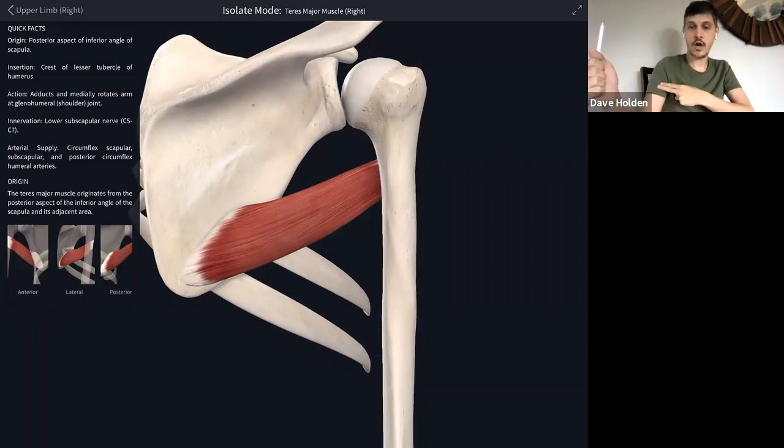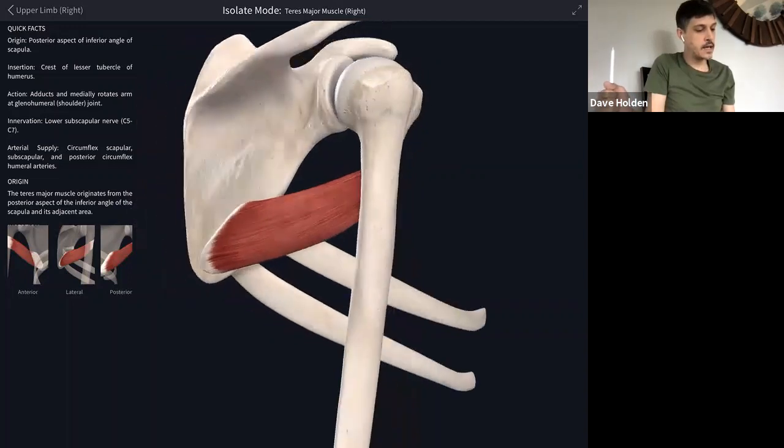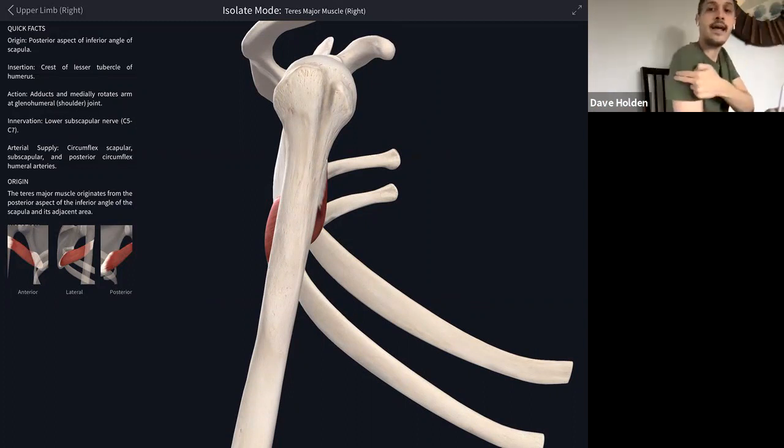Once the arm is abducted, now that muscle will contract to adduct it. And when we turn to the side, the insertion is anterior, the origin is posterior. So when we pull the insertion towards the origin, the humerus will move posteriorly. That is extension.